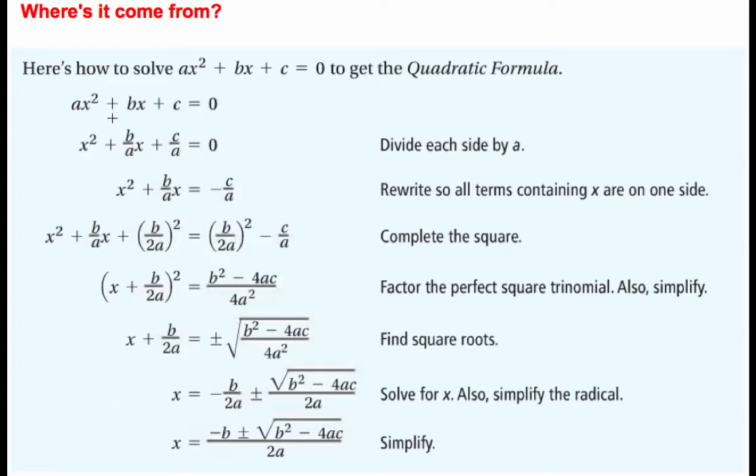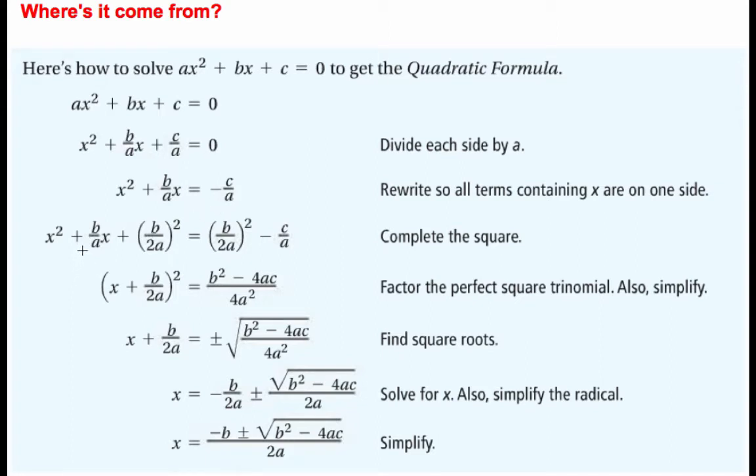We divide through by a, so we get x squared plus b over a x plus c over a equals 0. Then we rewrite so that all of our x terms are on one side. We subtract c over a to the other side, so we're left with x squared plus b over a x equals negative c over a.